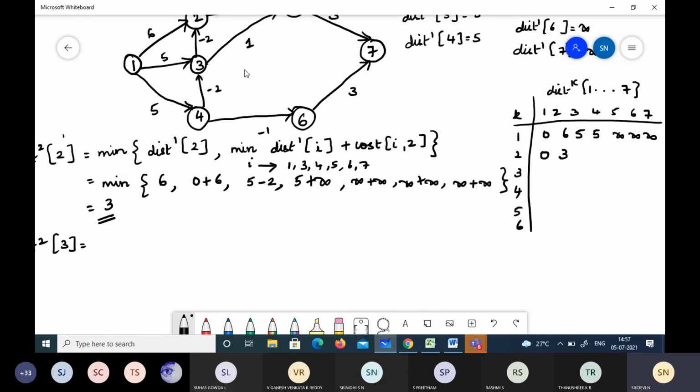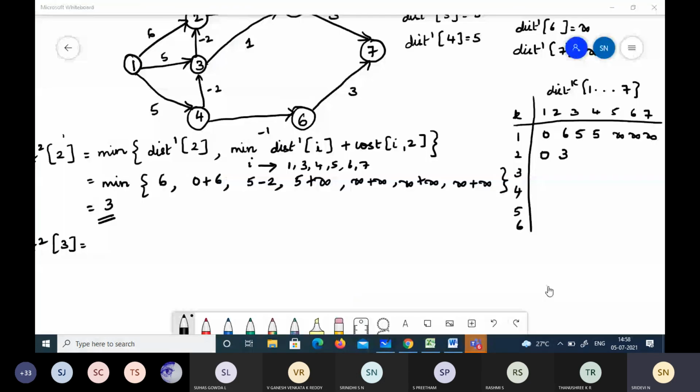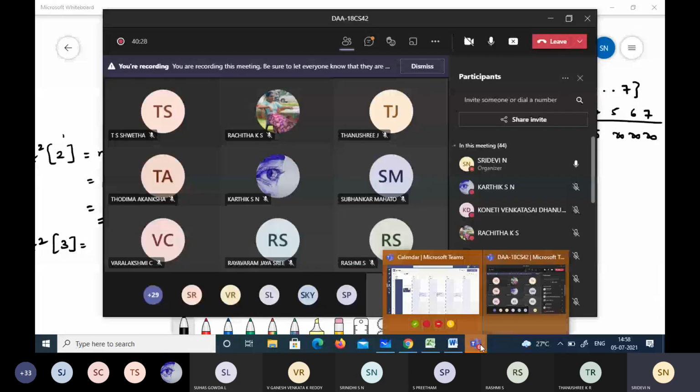Whoever is doing the problem, tell me in the chat box what is the shortest path between 1 to 3 with 2 edges. 3, ma'am.